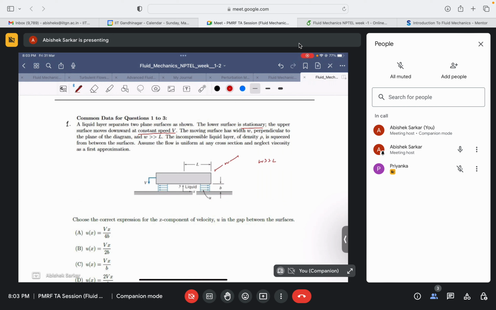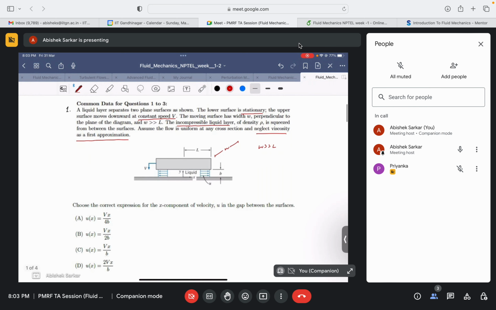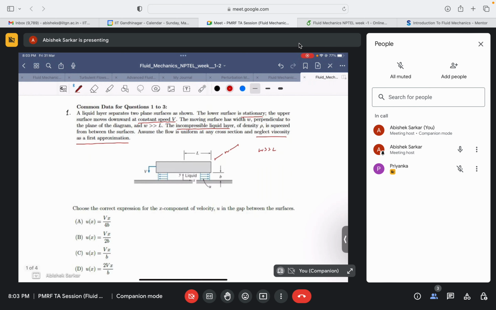The incompressible liquid layer of density rho is squeezed from between the surfaces. Assume the flow is uniform at any cross section and neglect the viscosity as a first approximation. This is the diagram. Choose the correct expression for the x component of velocity u in the gap between the surfaces. So you need to find the value of u in this case.